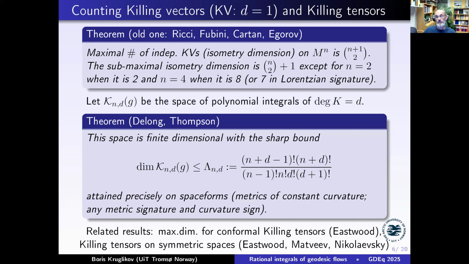Some partial case in dimension 4 was first computed by Dunajski, and then in general we solved it with Doubrov. It should be said that for higher rank Killing tensors and conformal Killing tensors, the problem of the gap is completely open. For degree d equal to 1, it's completely solved.